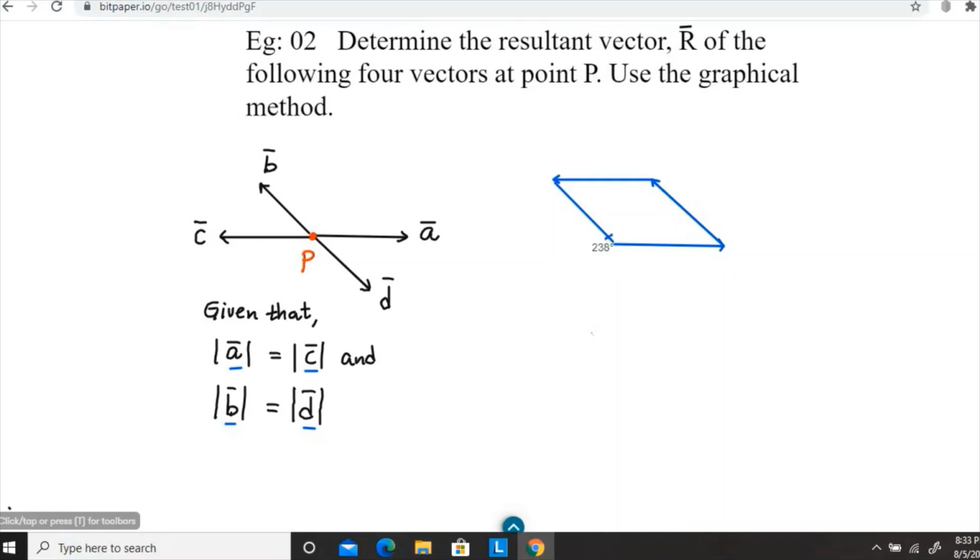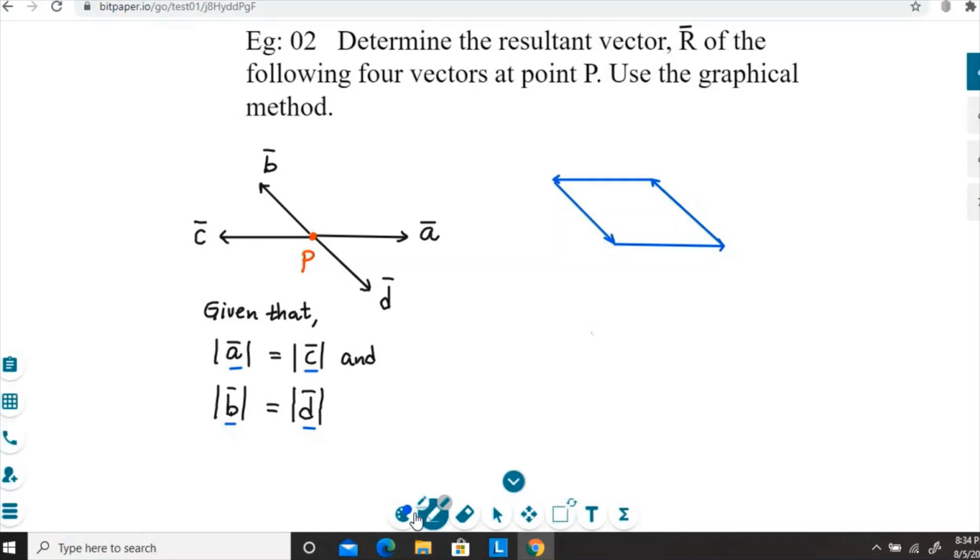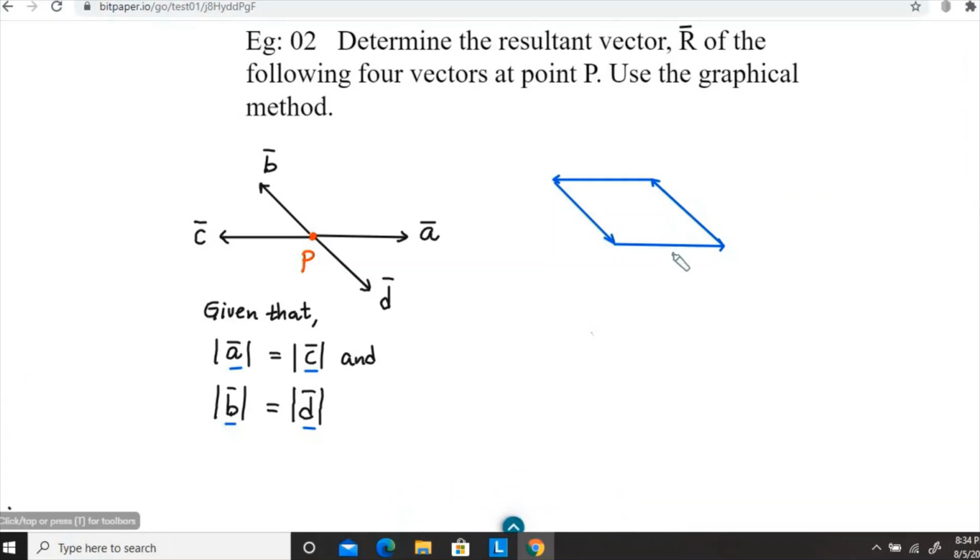Like that. And you can see in this particular case, when we create the vector polygon, it completes the vector polygon, meaning that we cannot find free ends of vectors. It's basically a completed polygon. So let me again label the vectors.